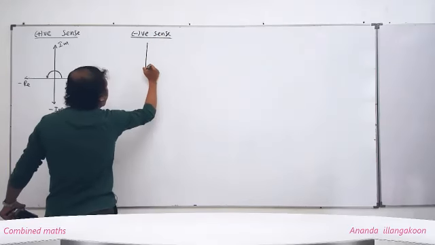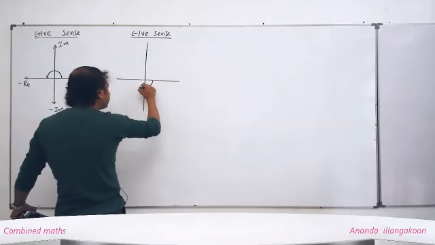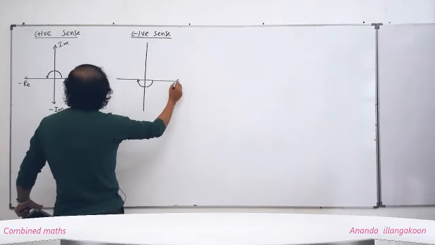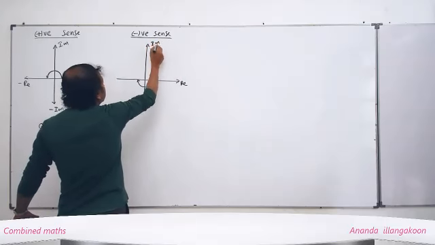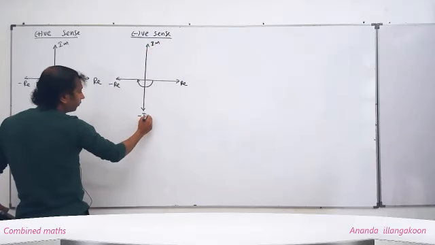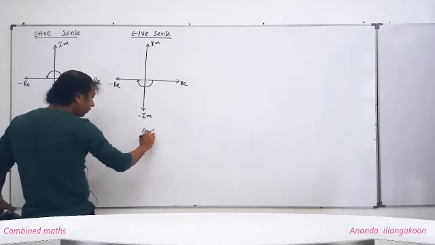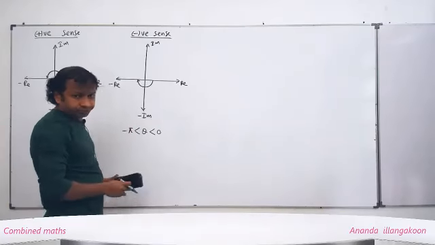Like this: real axis, imaginary axis, negative real axis, negative imaginary axis. Theta, people, is then 0 but greater than minus pi. Right.